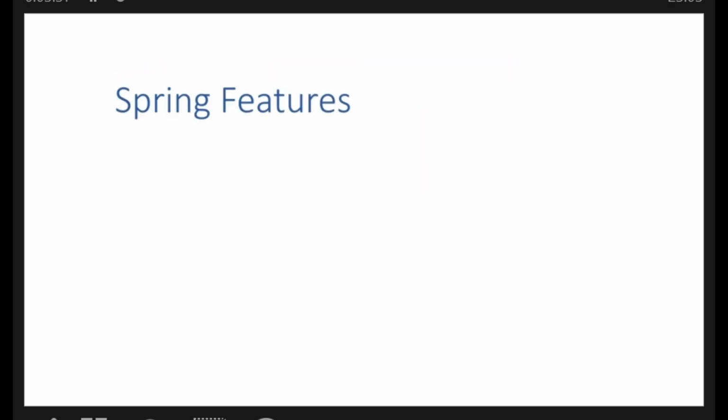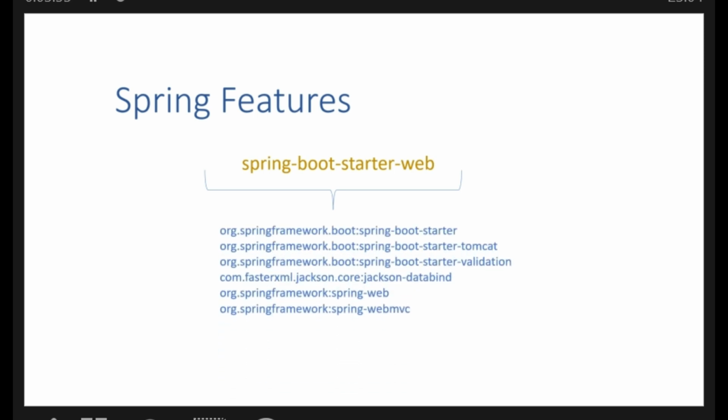Okay, so suppose whenever we want to create an application by using Spring Boot, at that time first we need to add only one dependency, that is called Spring Boot Starter Web. As the Spring Boot Starter Web dependency downloads all the dependencies that we require to build and run the application.